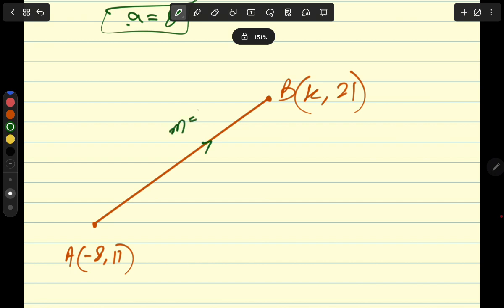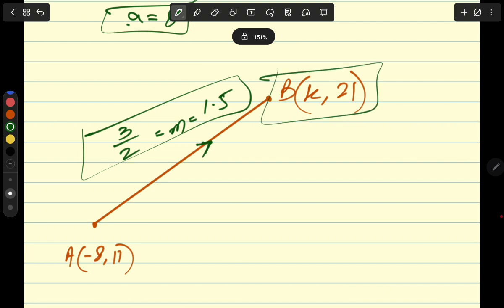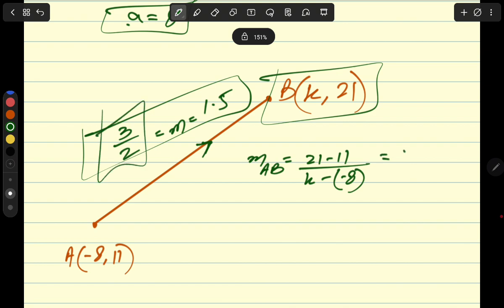Let's say the gradient is 1.5, or I can rewrite it as 3 upon 2. Now your brain must whisper to you that since you're given the gradient for this line and there is one unknown, you can apply the gradient formula between a and b, which is (y2 minus y1) over (x2 minus x1), and which is already given as 3 upon 2.